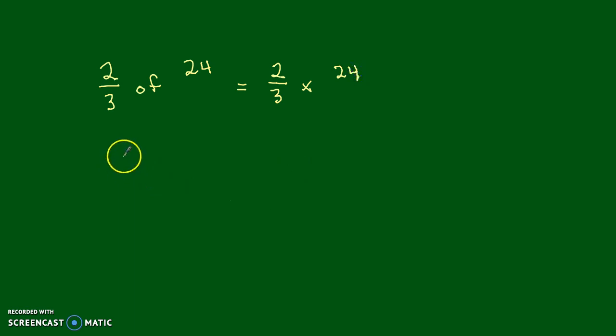Our first step is to figure out what 1/3 of 24 is. To do that, we're going to remember we have to divide by the denominator. So 24 divided by 3 is 8.